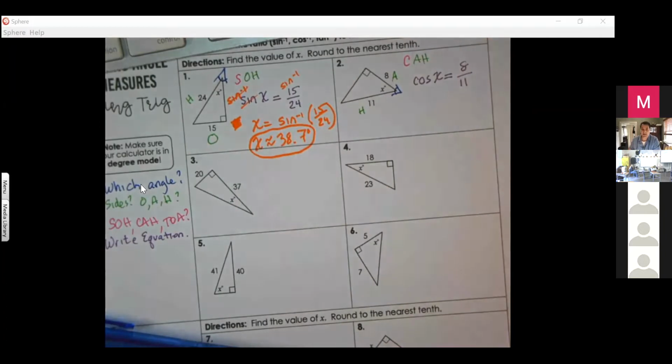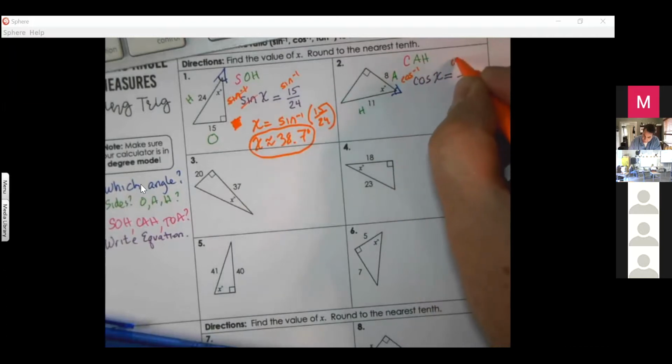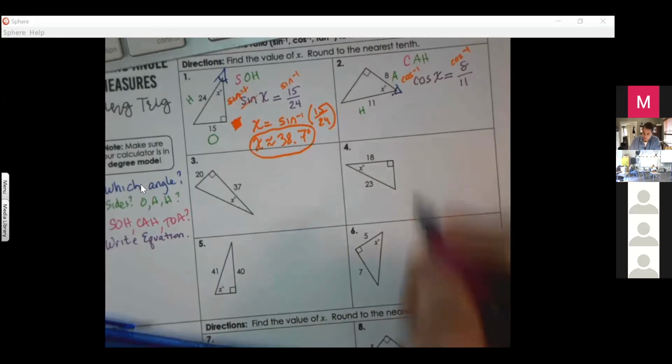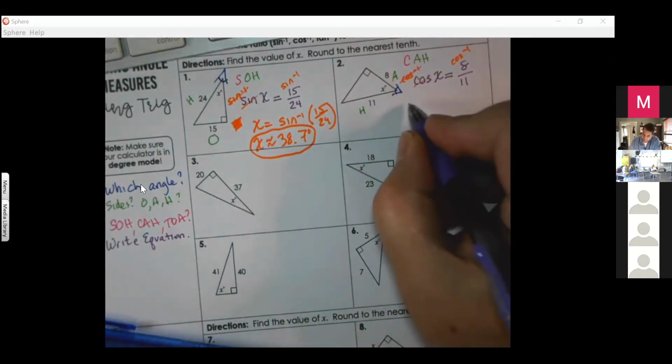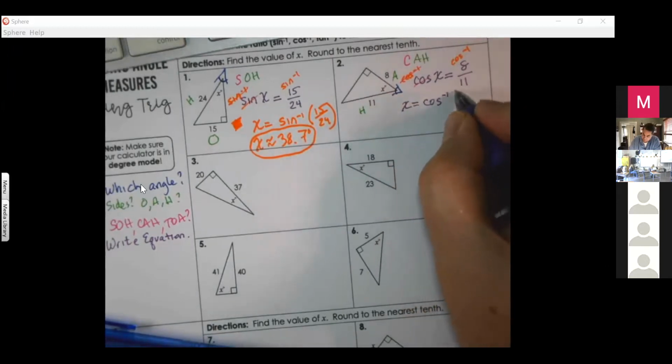Right now, x is being cosined, so I need to use the inverse cosine to both sides to be able to isolate x. These two pieces cancel, leaving me with just x equals the inverse cosine of 8/11.